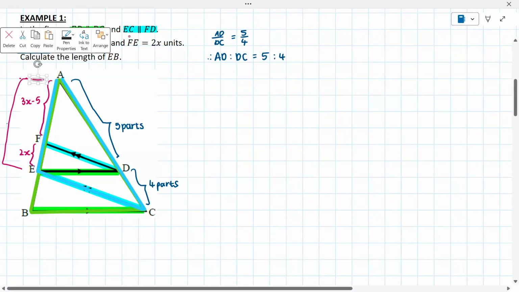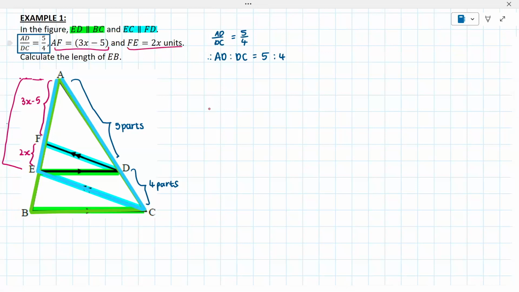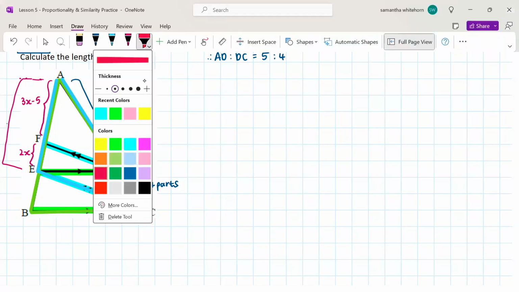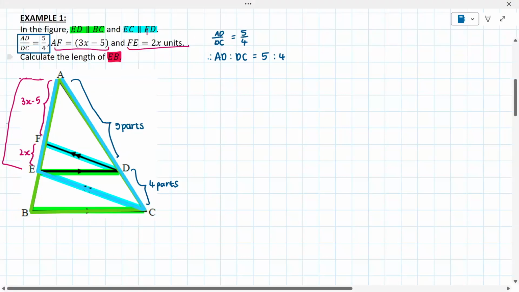Bear in mind that as you start to figure things out, as you start to apply information to your diagram or in your questions, you're actually potentially able to get a bit more out of it than you initially thought. Right, so that's just all the information. We haven't even looked at what the question is asking me to do yet. So let's do that now. This question is asking me to calculate the length of EB.